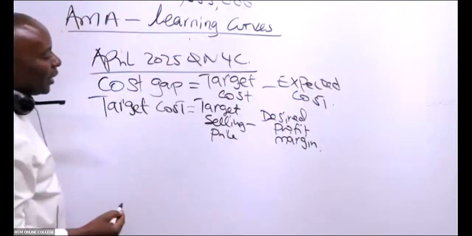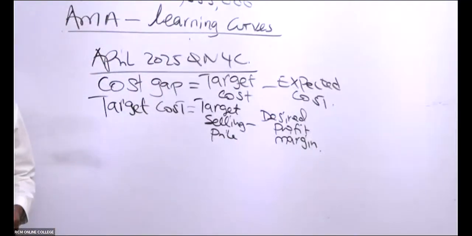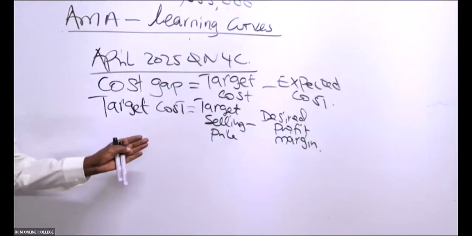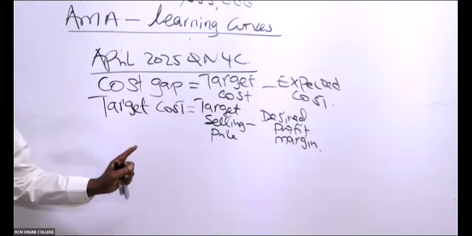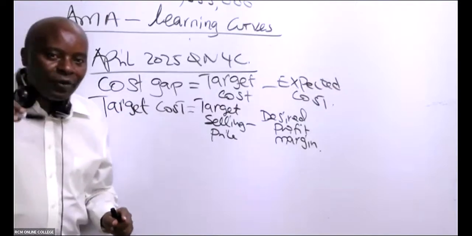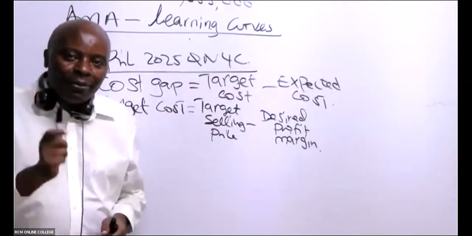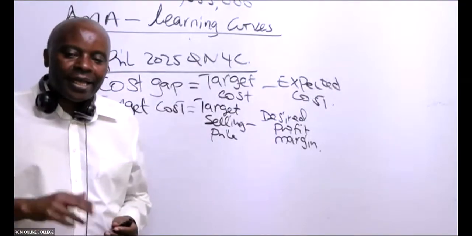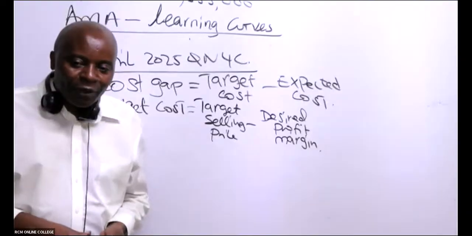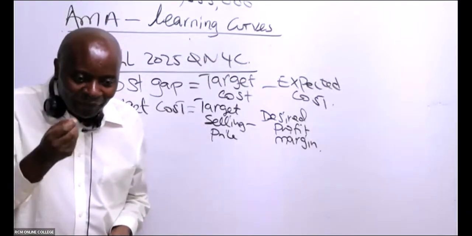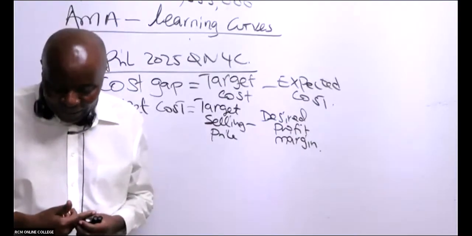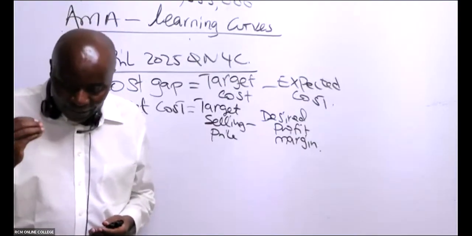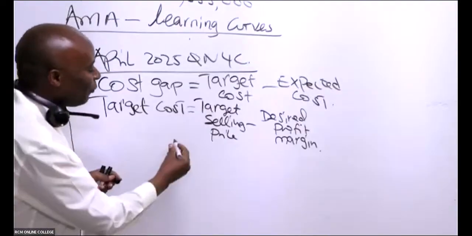So anytime they tell us to give them the target cost, we shall always take the target selling price minus the desired profit margin. From their competitive analysis, have they been able to identify a targeted selling price? They will be selling each car for 6.4 million. So the targeted selling price, they have told us, will be 6.4 million.